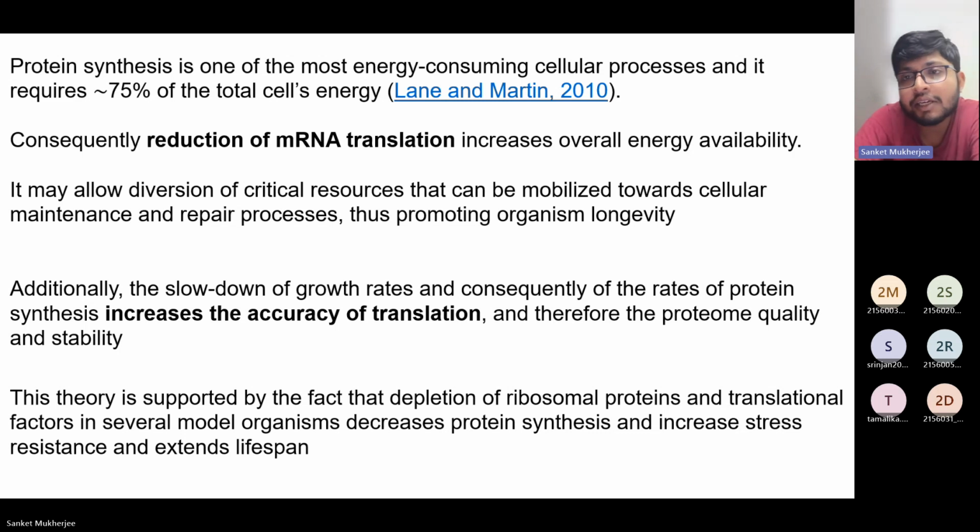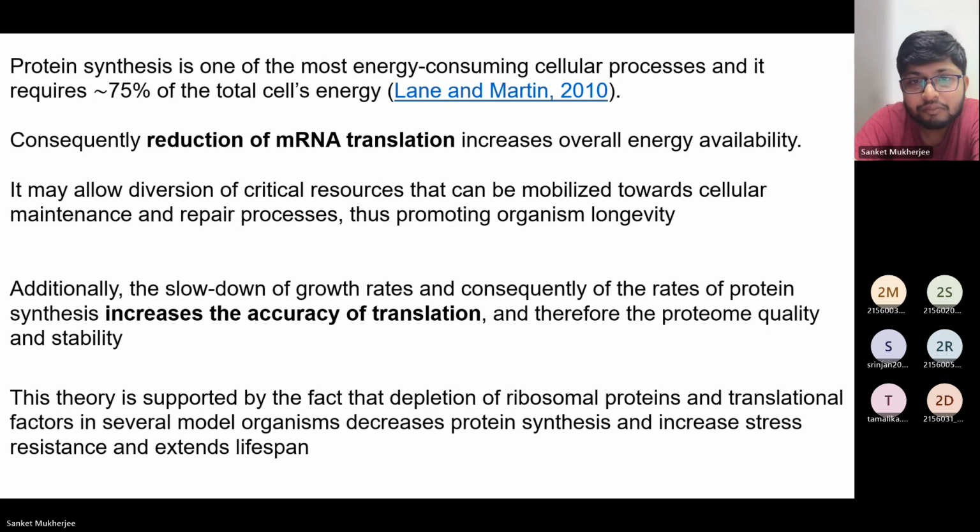So let's say mRNA is not translated, then there is more energy left to spend. So it may allow diversion of critical resources that can be mobilized towards cellular maintenance and repair processes, thus promoting organism longevity. Additionally, the slowdown of growth rates and consequently the rates of protein synthesis increases the accuracy of translation and therefore proteome quality and stability.